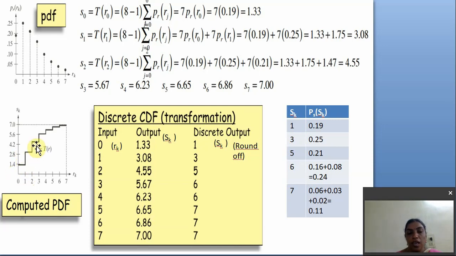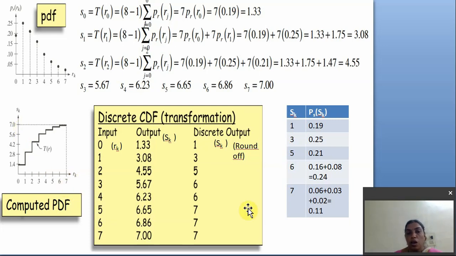So a staircase transformation characteristic will appear. For 1 it is 3.08, for 2 it is 4.55, for 3 it is 5.67, like that. So draw the characteristics like this. This is the transformation characteristics between SK and RK.